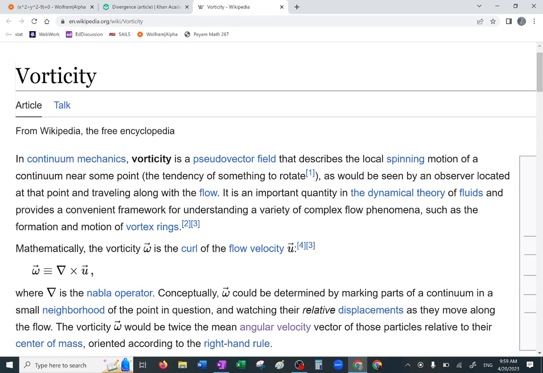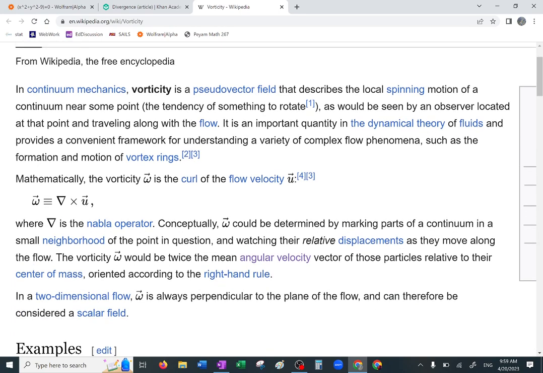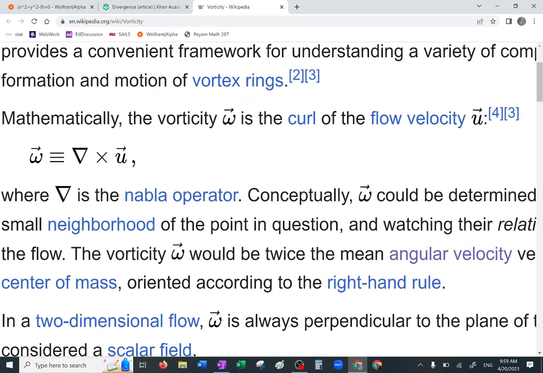Vorticity is a pseudovector. Pseudovector means kind of a fake vector or almost vector field that describes the local spinning motion of a continuum near some point. Local spinning motion, the tendency of something to rotate, along the flow. And it is, guess what? Mathematically, vorticity is a curl but of the flow velocity.